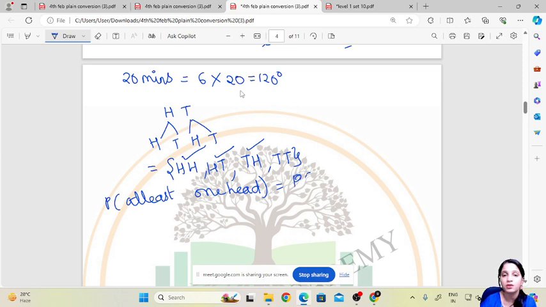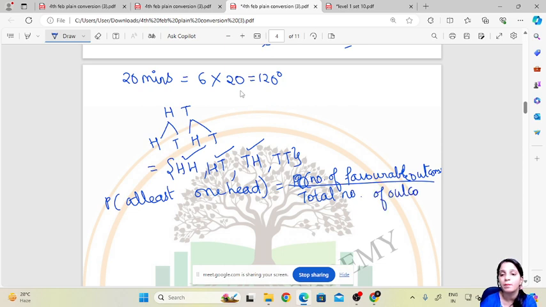First write P of number of favorable outcomes upon total number of outcomes. So the number of favorable outcomes here is 3 upon 4 is the answer.